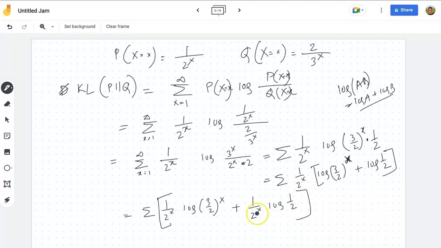Okay. Now you know, you can put this x here only. So this is the power, so log of this power, you can take it in front. So it will be x by 2 to the power x log of 3 by 2, okay, plus this will remain same.